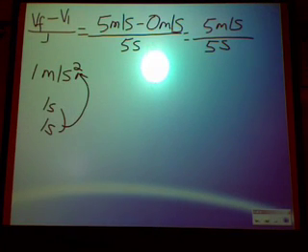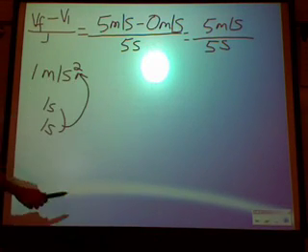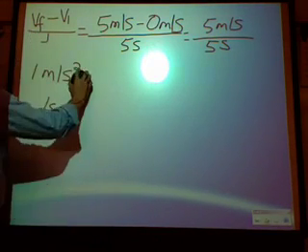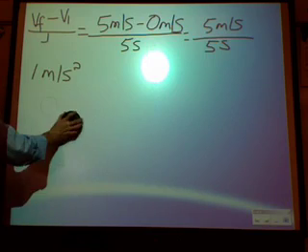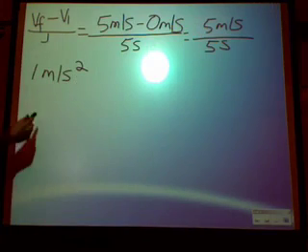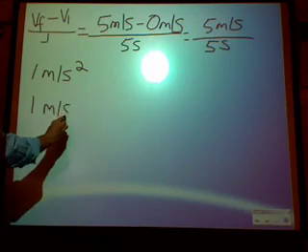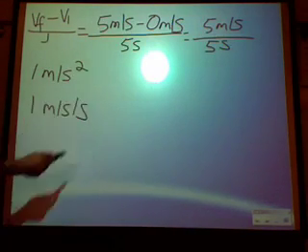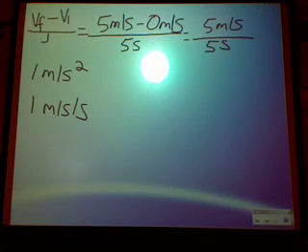You get it? That's the same as saying 1 meter per second per second. And we just say it's 1 meter per second squared is my label. 1 meter per second squared. And you can do that whenever you get a number like that. 1 meter per second per second. You can always write it and should write it like that.